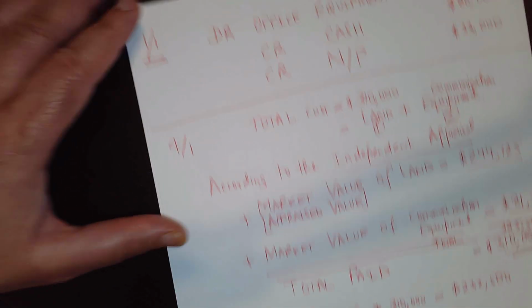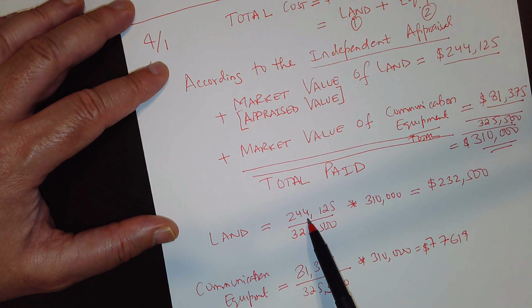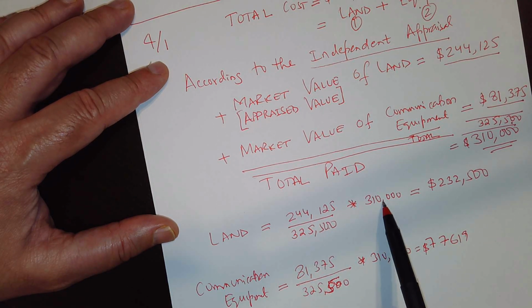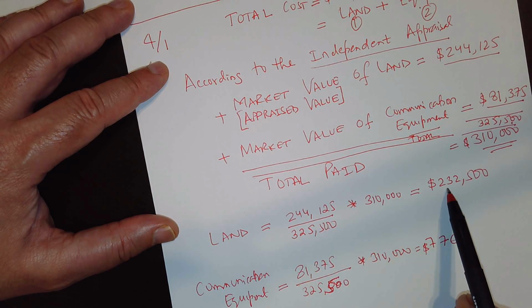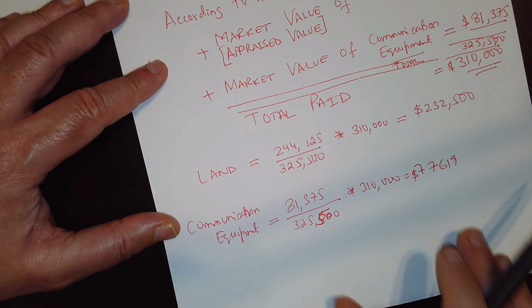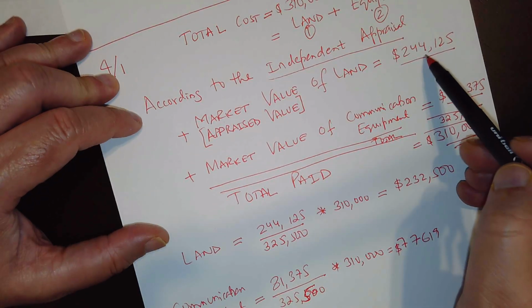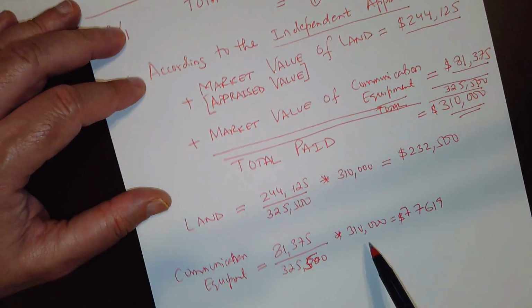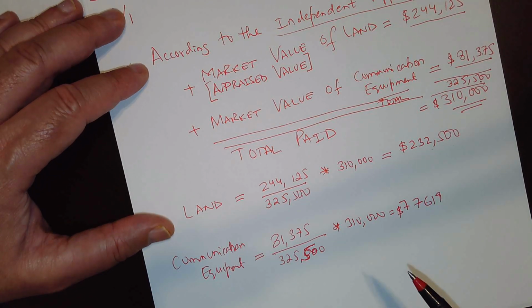So we find the ratio: we take the land value divided by the total market value of both, and multiply by what we have paid. This gave us 75% and $232,500. So we're not going to put in our books the land at $244,125. Instead, we're going to book it at $232,500, which is the ratio of the land.